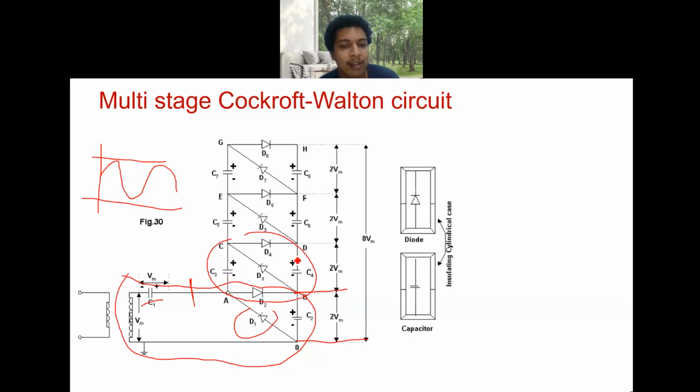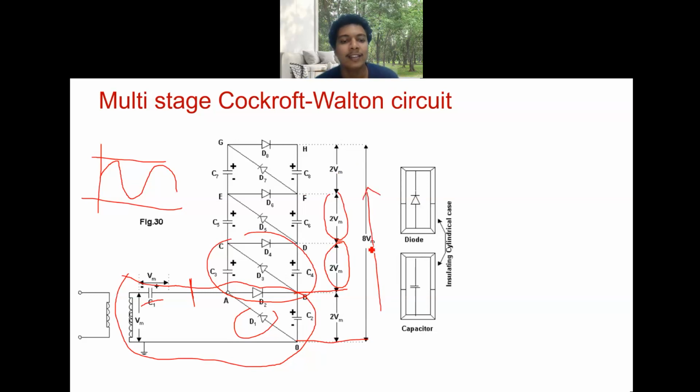So C2, you have C4. Once this is one stage, if you add another stage onto this, you are adding one more 2 Vm voltage here. Then you will add another 2 Vm voltage from the next circuit, so that with each stage you will be adding your voltage this way.